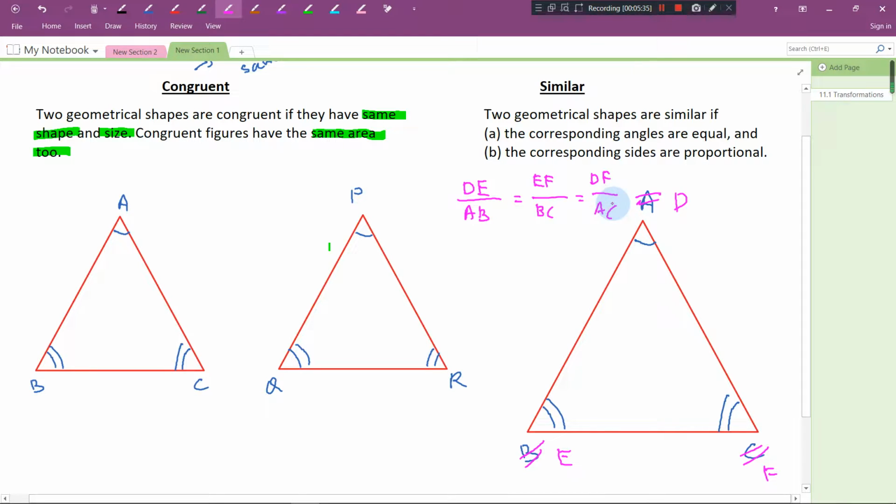But this time it's not equal to 1 because now the shape still remains unchanged, but the size has changed. So similar means same shape, but the sides can be different. So in this case, I can say triangle ABC and triangle DEF are similar triangles, but they are not congruent.